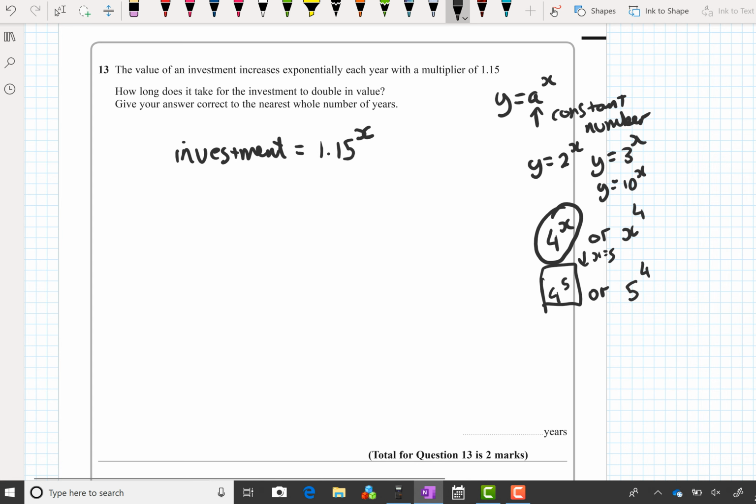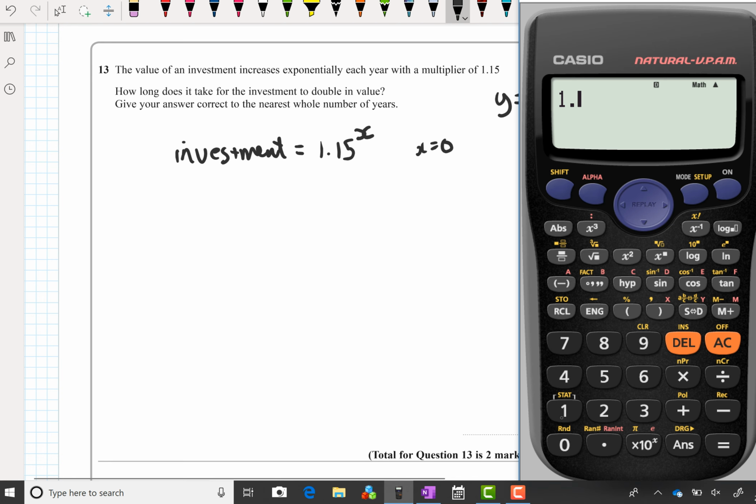X equals 0. Initially, some of you may know this just by looking, it's 1, but after a year, the amount we have, so when we first put it in, our initial investment was 1. That's what it says here. Our initial investment was 1. That's your starting.